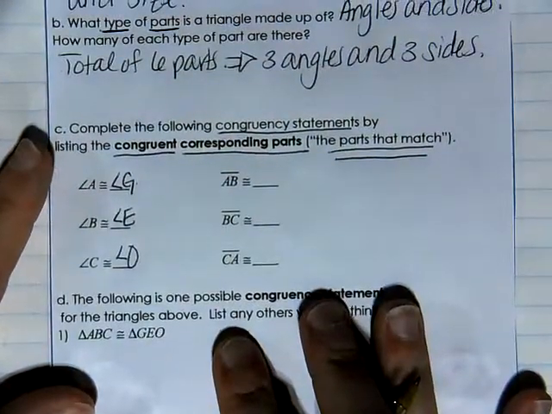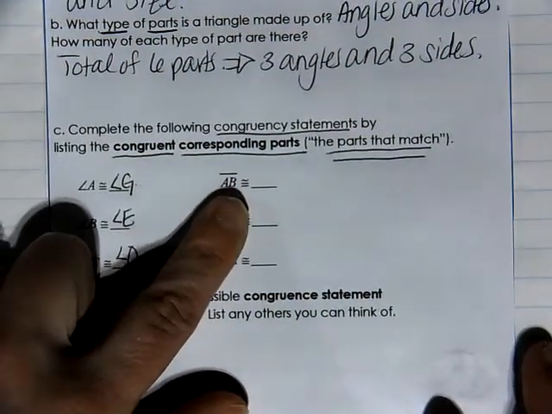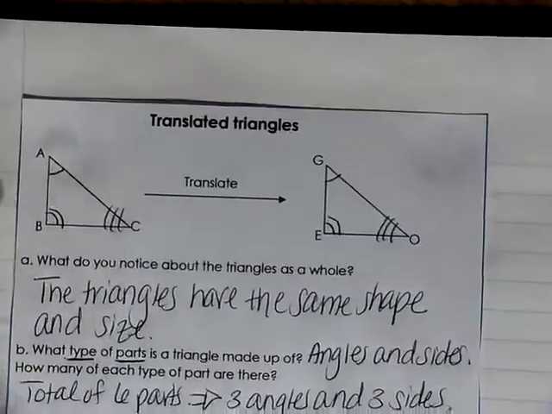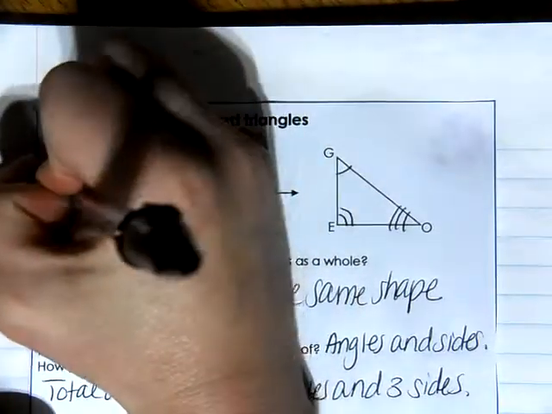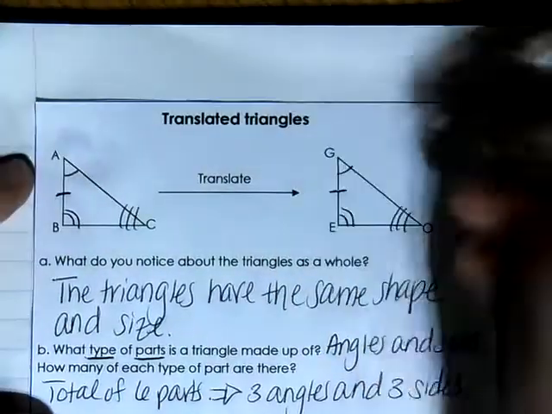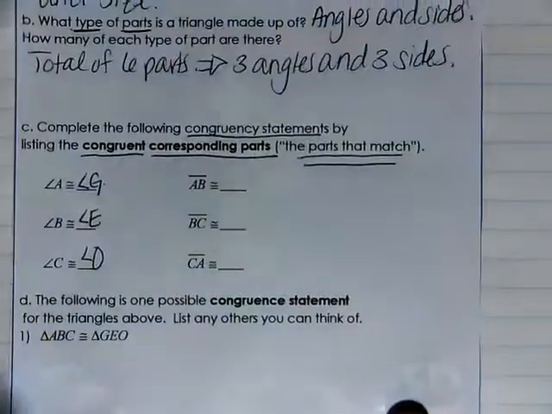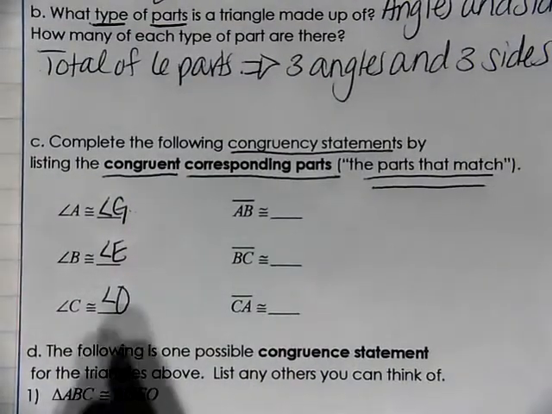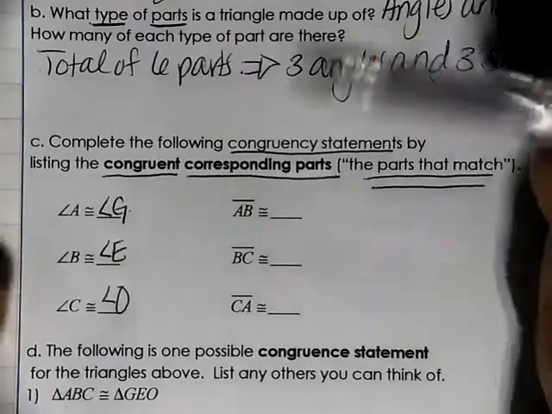Now we have to match up our sides. Looking at segment AB, which is this segment right here, it would match with segment GE. So it's really important here. Now this is where we have to be very, very specific with how we write our statements.